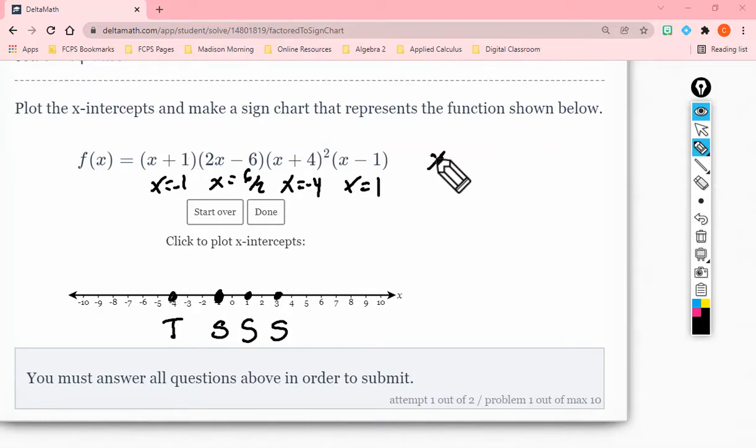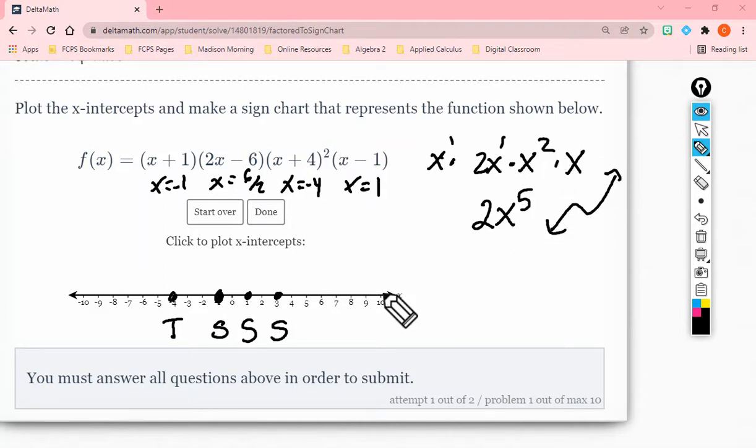Now this is x times 2x, right, the leading terms, times x squared times x. Okay, so this gives me 2x to the 5th. All right, there's my end behavior. Okay, now it's called play connect the dots. Tangent, straight, straight, straight.